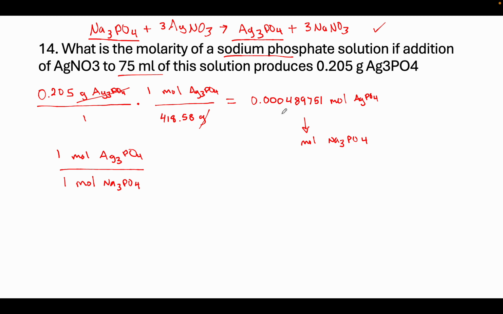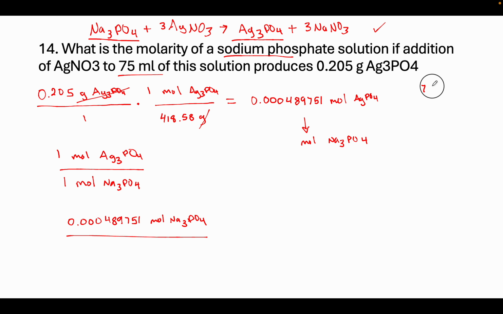So we're going to do this big old number, 0.000489751 moles of Na3PO4, because we're looking for molarity, over 75 milliliters.